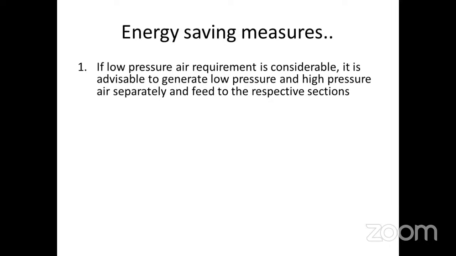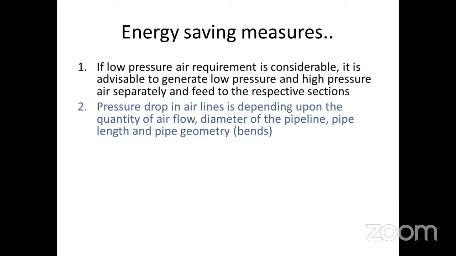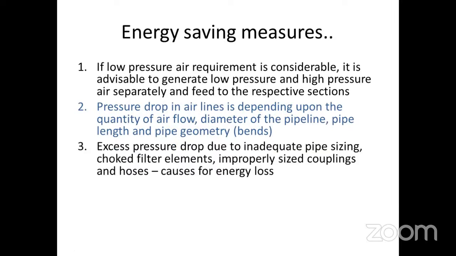Because we are designing for a 7 kg pressure compressor, and we have a 2 kg pressure requirement for a major portion, using 7 kg for a 2 kg requirement will not be advisable. It will be more energy consuming. So generate low pressure and high pressure air separately and feed the respective sections. Yes, we have to keep 2 systems.